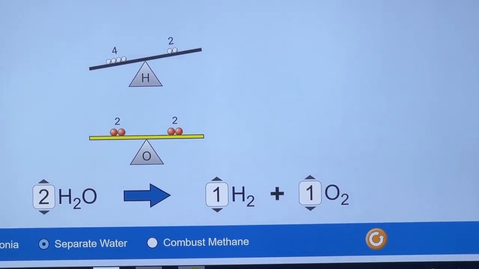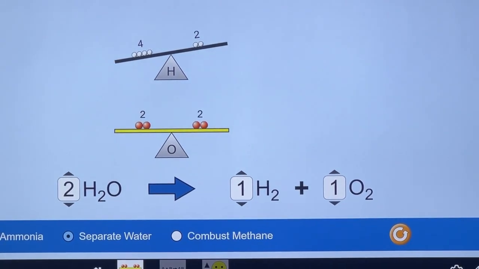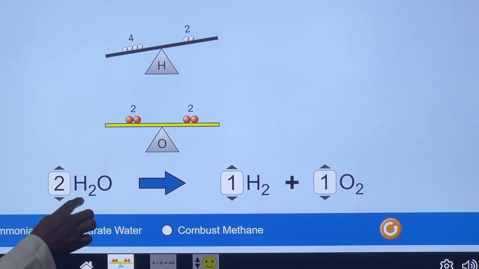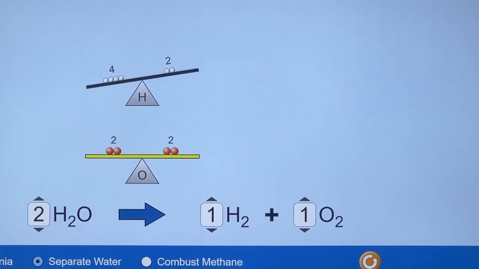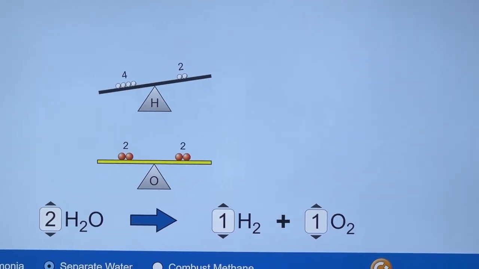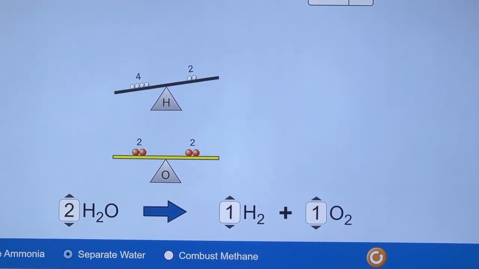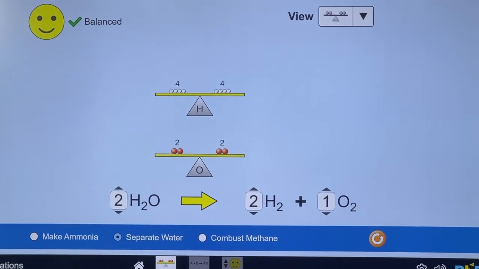But something has happened along the way, and what is that? Our hydrogen. What is the number of atoms of hydrogen here now? 4. Very good, 2 multiplied by 2 gives 4. But coming here on the product side, I'm still having 2 hydrogen, which is wrong. So what do I do? I increase this by 1, making 2.